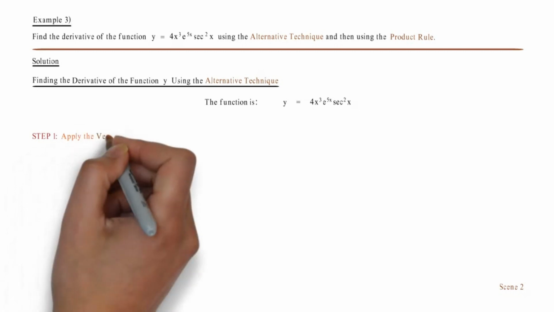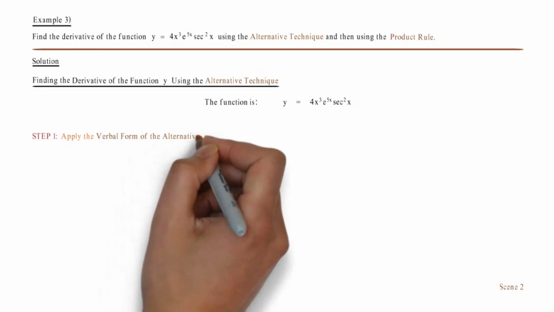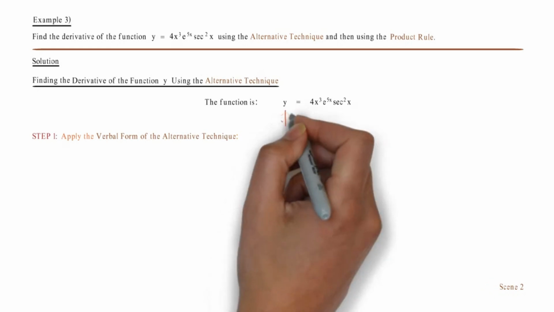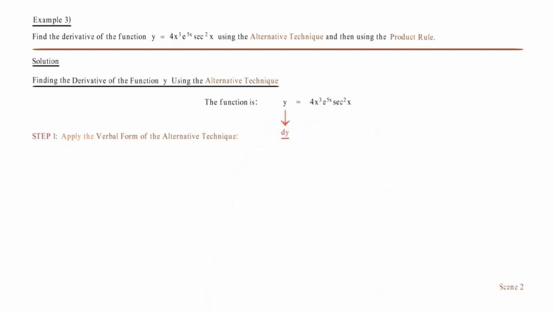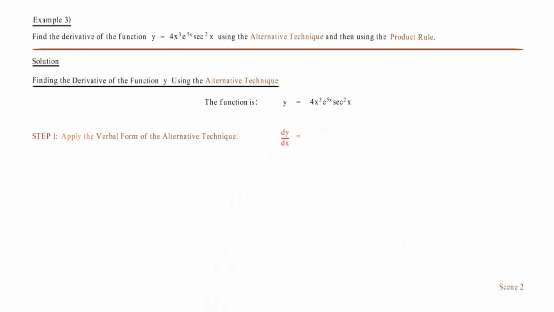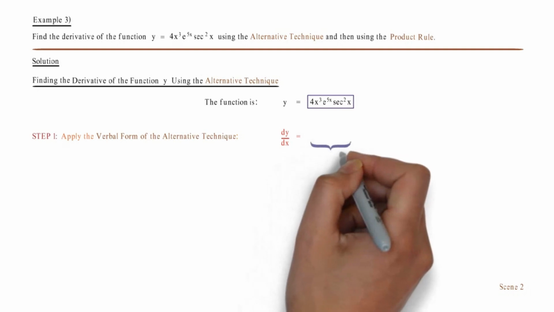Apply the verbal form of the alternative technique. The derivative of y is dy by dx equals the right-hand side of y is this expression, so substitute.